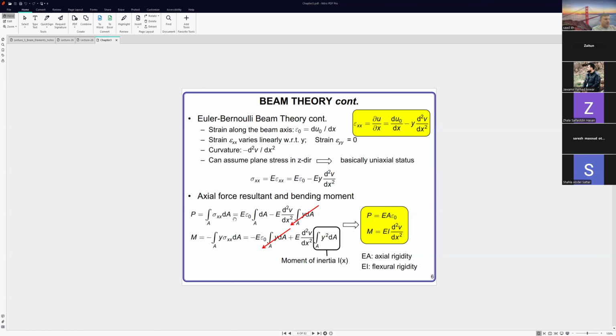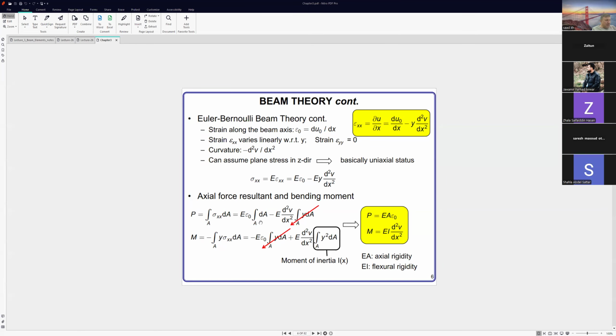E epsilon xx is E times epsilon naught minus E y d squared v over dx squared. So we get E epsilon naught times the integral of dA, minus E times d squared v over dx squared times the integral of y dA. This is very important to know.